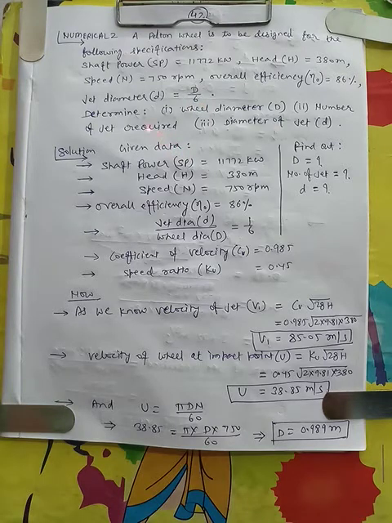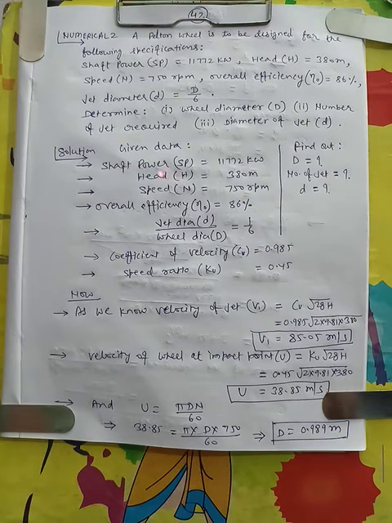We have to determine the following: the wheel diameter, capital D, the number of jets required, and the diameter of the jet, small d. These three things we have to find out. So let us proceed.